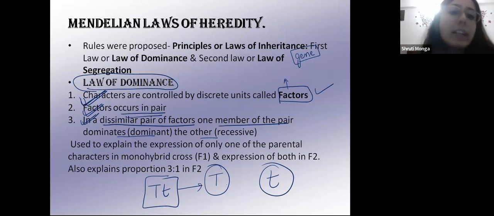You have to learn it as it is. If you are asked to explain the law, then you will write whatever was explained just now also. But if you are asked to state the law, then you will write these 3 points. I hope I'm making it clear, everybody.